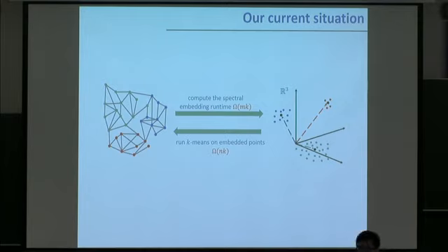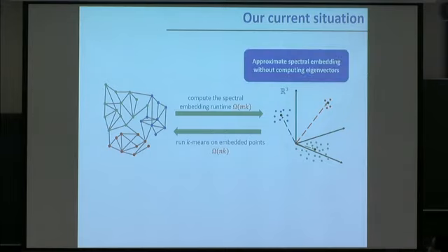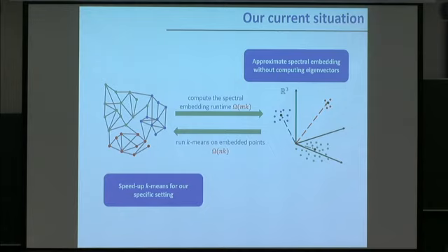So in order to get a linear time algorithm, we need to break these two barriers. In order to break the first barrier, we need to approximate the spectral embedding without computing the eigenvectors. In order to break the second barrier, we need to speed up k-means for our specific setting. Let's break these two barriers one by one.